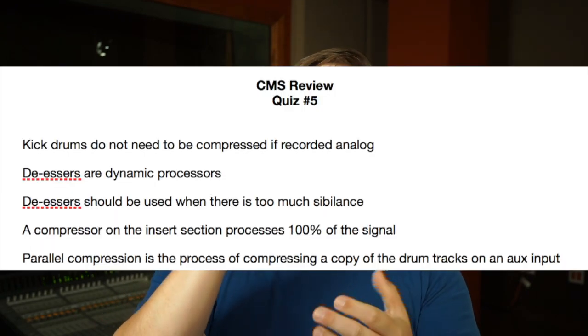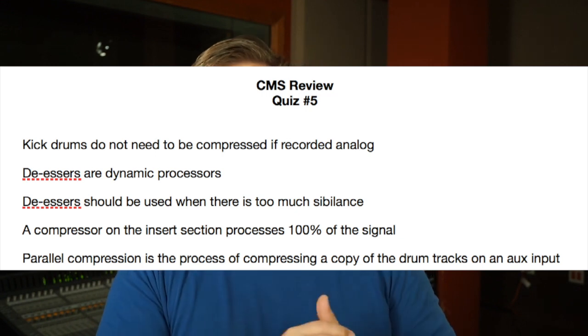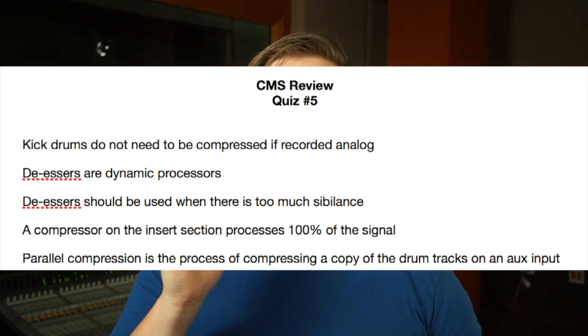De-essers, they reduce the sibilance. I think I just stepped on my next question, but that's okay. They are dynamic processors. They are adjusting the volume of something we've already recorded. And specifically, it's used when there is too much sibilance, right?